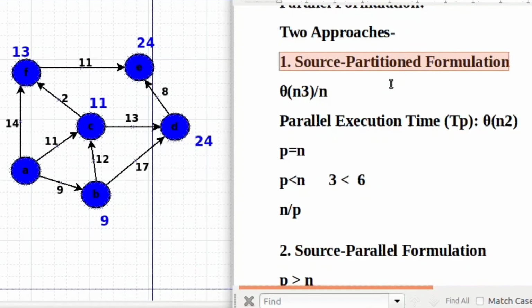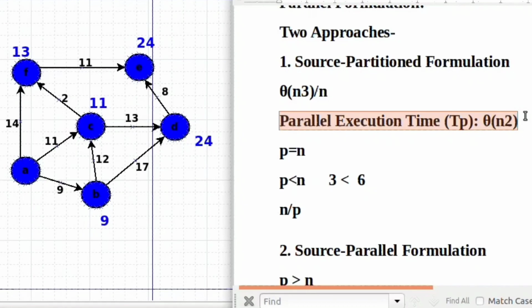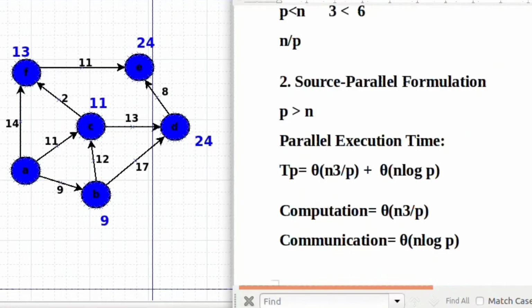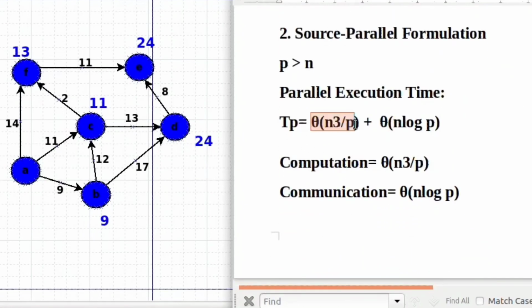They are working separately, so there is no communication among the processes. That's why communication cost is zero in source partition formulation, and the parallel execution time is theta of n square. Here, in source parallel formulation, there is computation as well as communication, so the parallel execution time is this much.